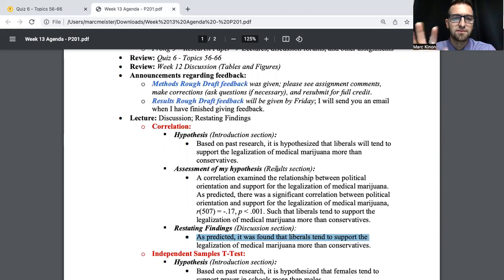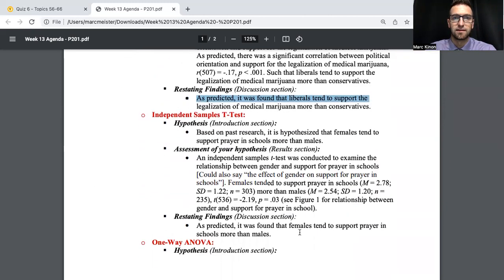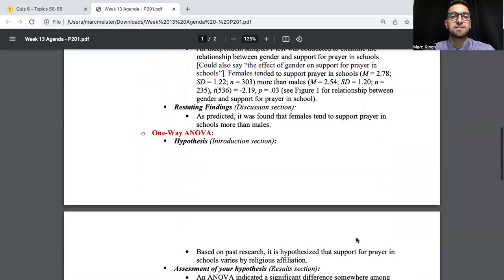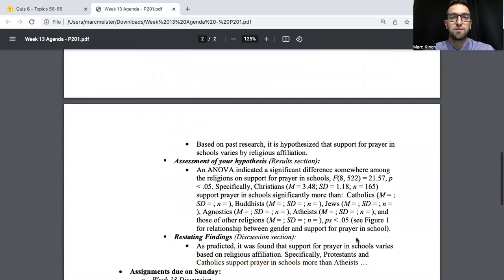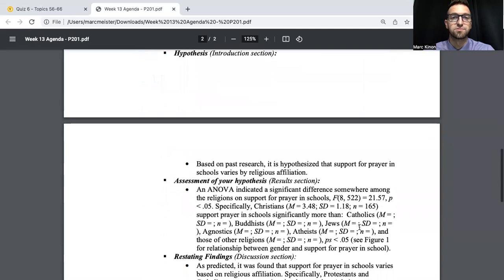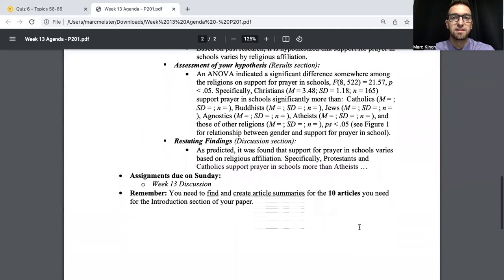We'll leave it at that, but what you could also do in the first part of the section is bring back your literature review, and you could say, unlike Article 1 and Article 2, it was found that females tend to support prayer in schools more than males. Like Article 5 and 6, it was found that support for prayer in schools varies by religious affiliation.